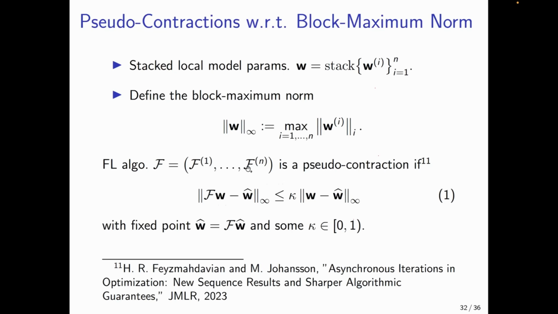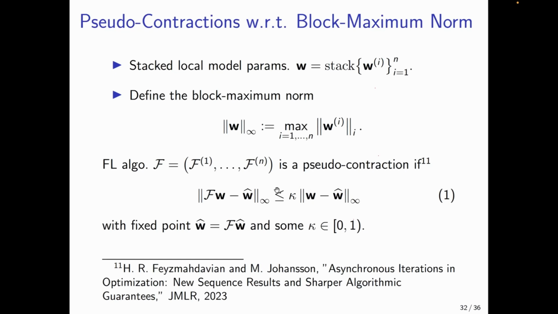In the end, these federated learning algorithms repeatedly apply fixed point operators. So of course, you want the result of these fixed point operators to be closer and closer to the solution of GTV minimization. This is a very natural requirement.